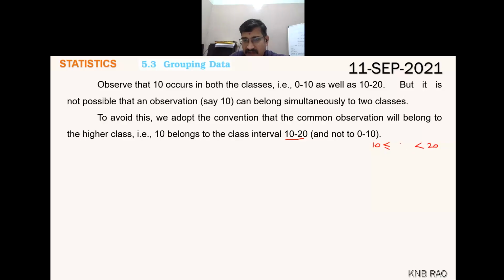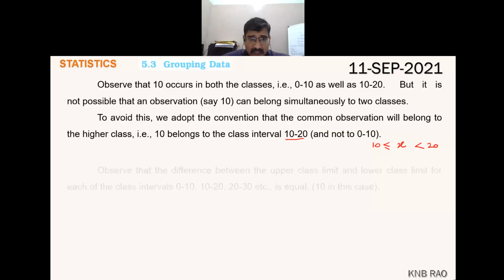Any observation, let's say x, coming between 10 to 20 class interval means that observation x is either equal to 10 or more than 10, but compulsorily less than 20. This is the meaning of 10 to 20 class interval.